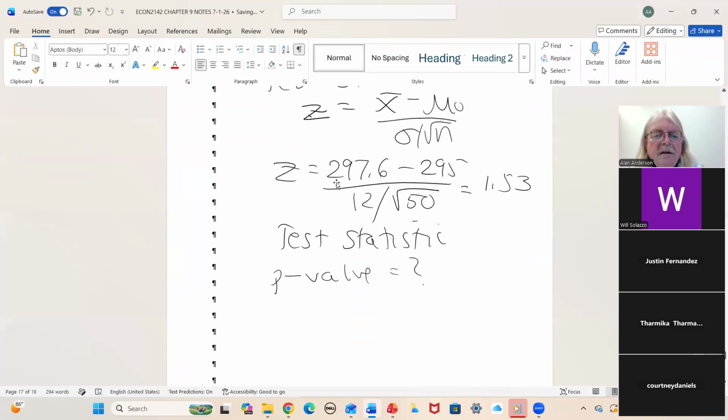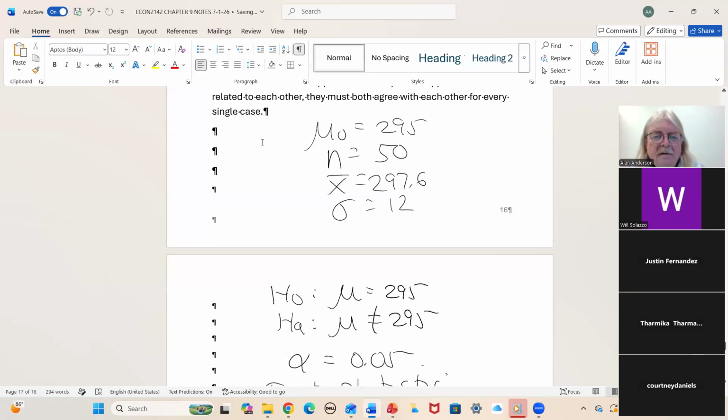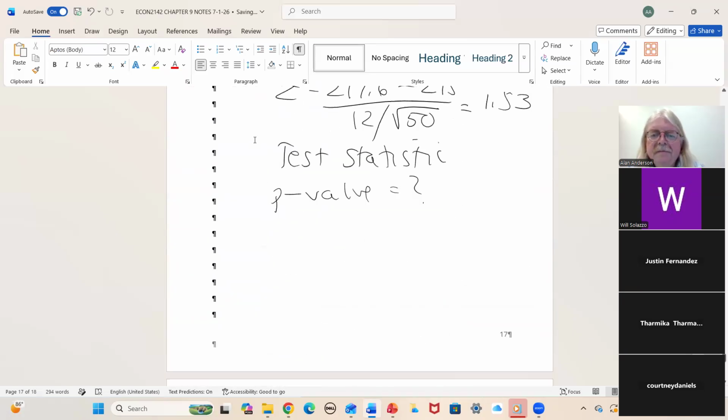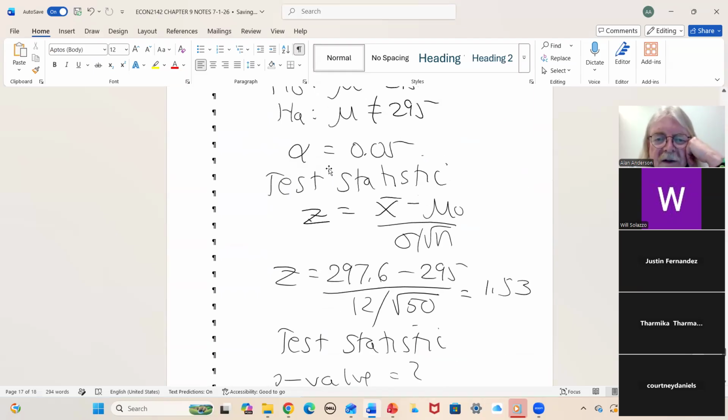So remember, this is a two-tailed test. We want to know if the mean is 295 or not. The approach is a little different, by the way, with a two-tailed test. The one we saw before was a left-tailed test.